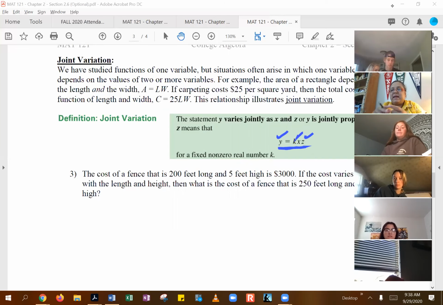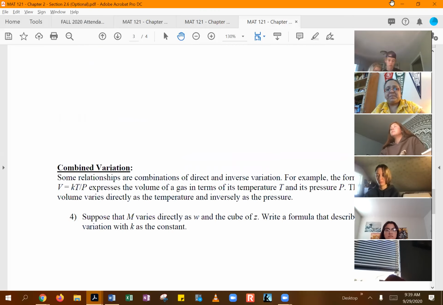All the quantities would be growing or all the quantities would be going down. So joint variation is just bringing in more variables, but the process is still very similar to direct variation as far as the calculation goes.